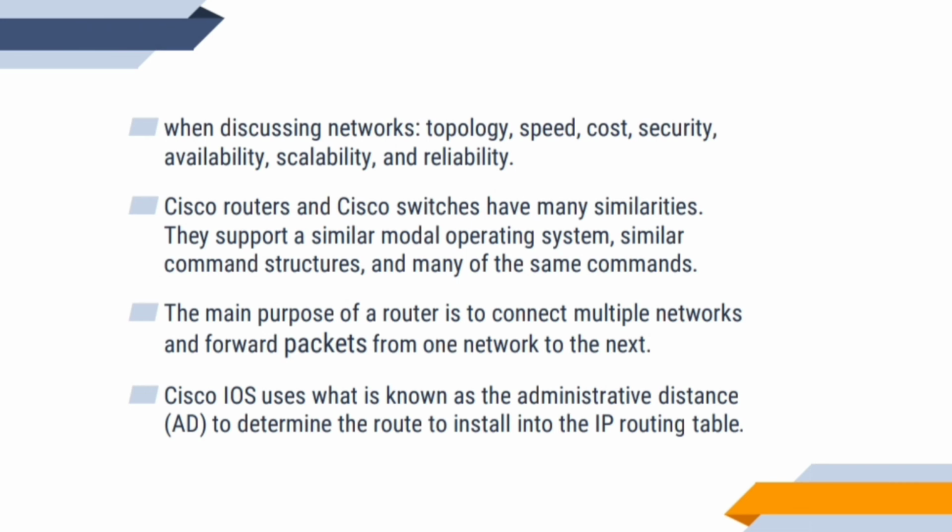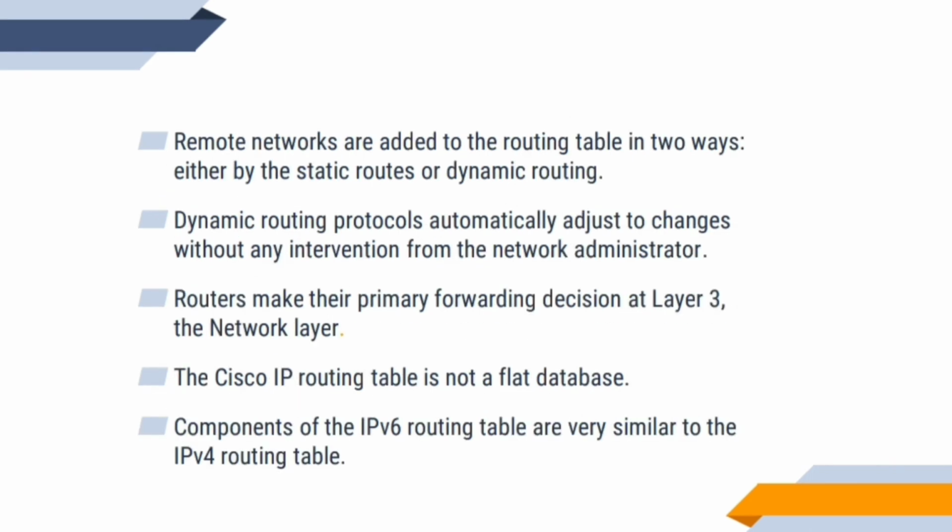into the IP routing table. Next, remote networks are added to the routing table in two ways, either by static routes or dynamic routing. Next, dynamic routing protocols automatically adjust to changes without any intervention from the network administrator.